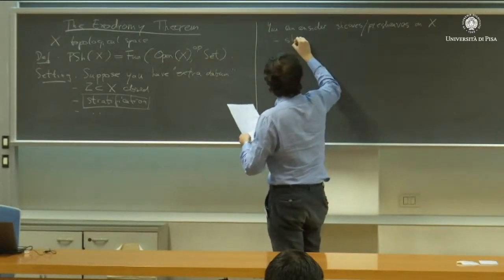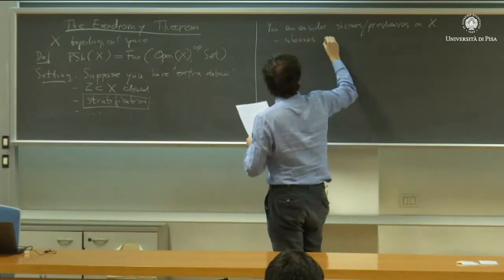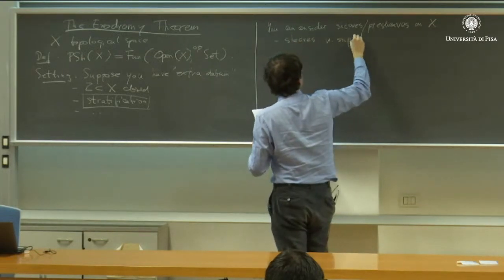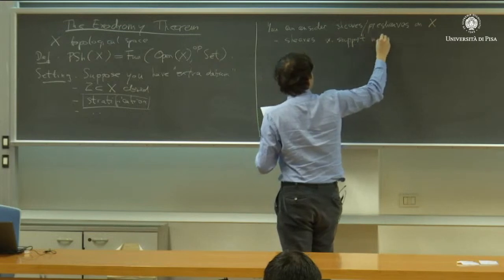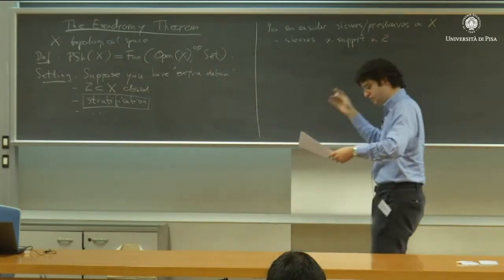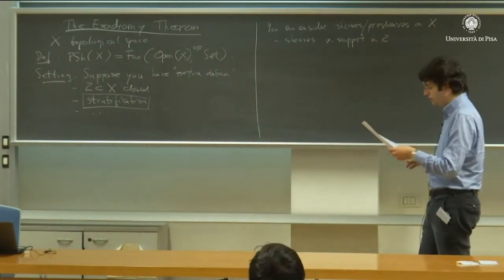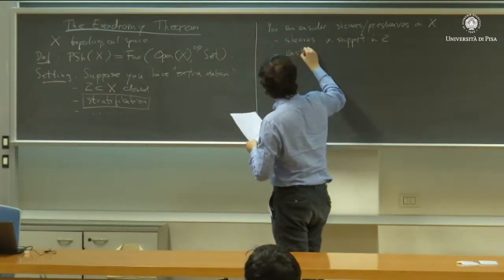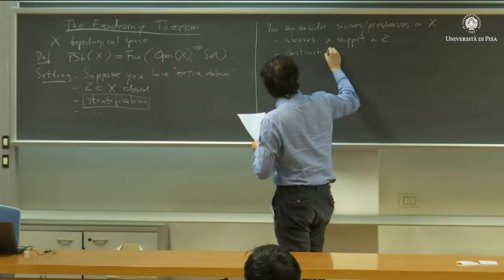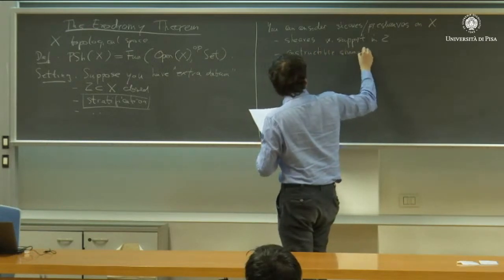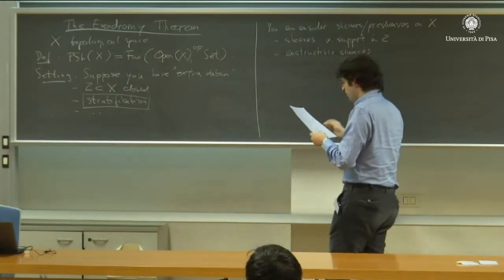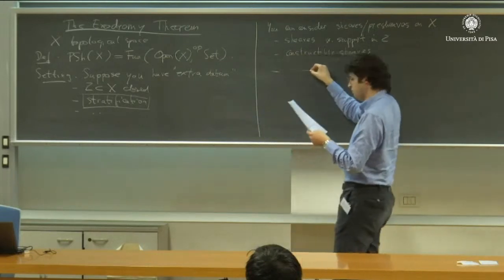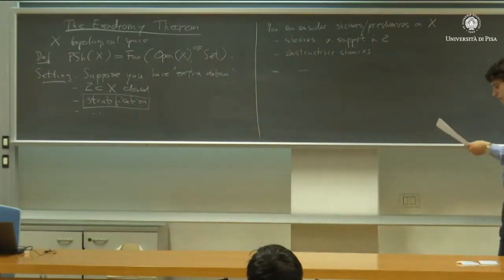So, examples: sheaves with support in Z, meaning that they are zero outside of Z, or what are called constructible sheaves, or equivariant sheaves with respect to some action as well.